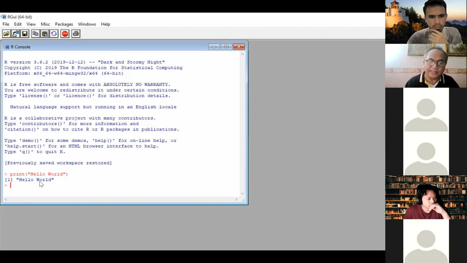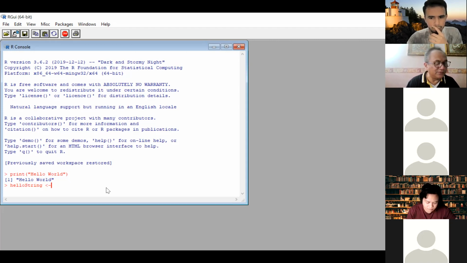Now you want to assign a variable. Say we create a variable hello string. How to point to the string is pretty easy compared to other programs. You just use this, which becomes an arrow.